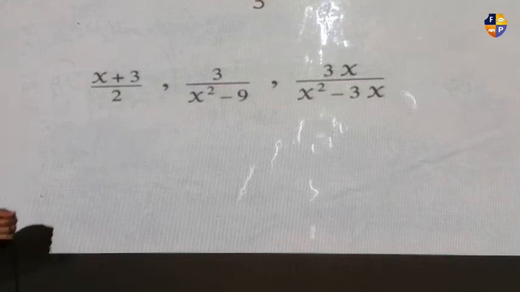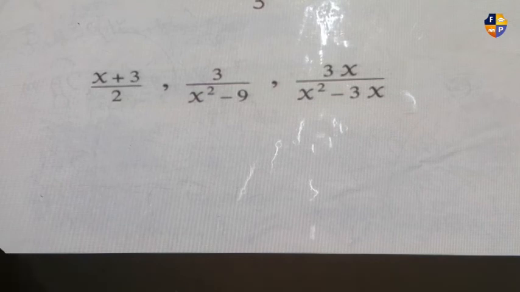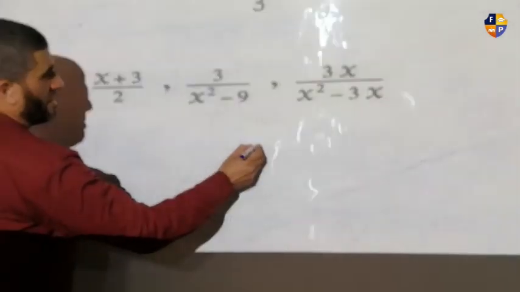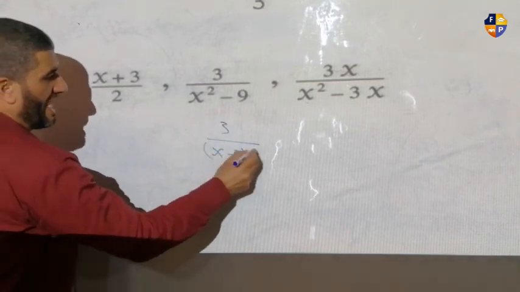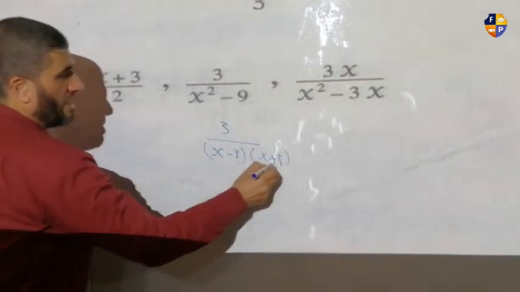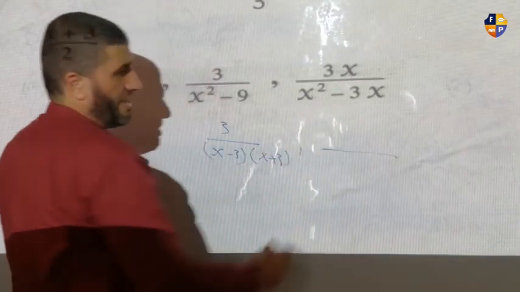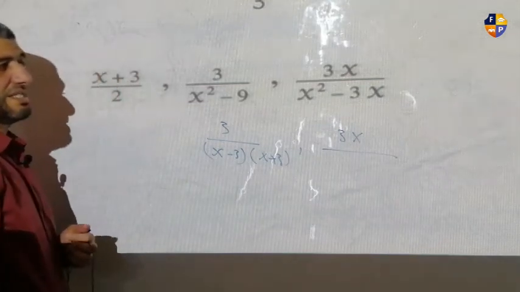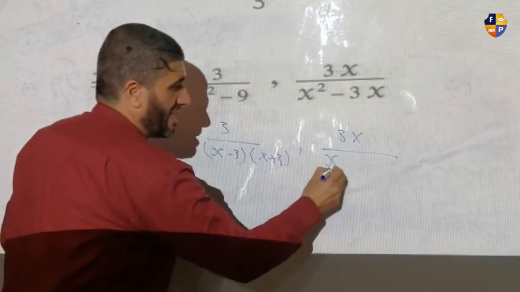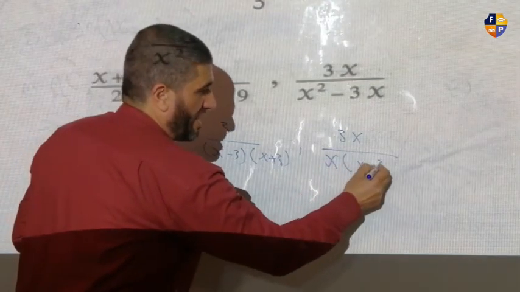Number 3, we can factorize. This is a fraction function. Okay, number 1 has no factorization. Number 2, factorization of 3, x minus 3, x plus 3. Number 3, 3x, we can take HCF x minus 3.